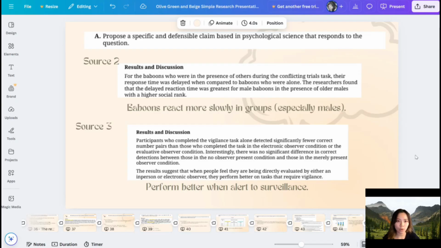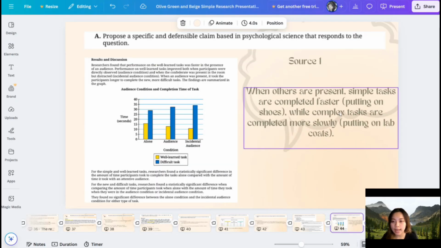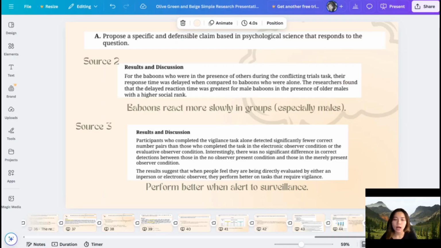So for question A, we need to combine all these three summaries together, right? The key point is that whether the presence of others is beneficial depends on the type of task. Different sources said that the response will be different if the tasks are more complex or simpler, and if there are people around them while they are doing the task.